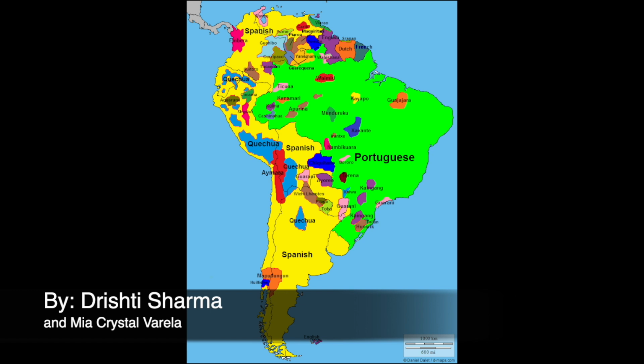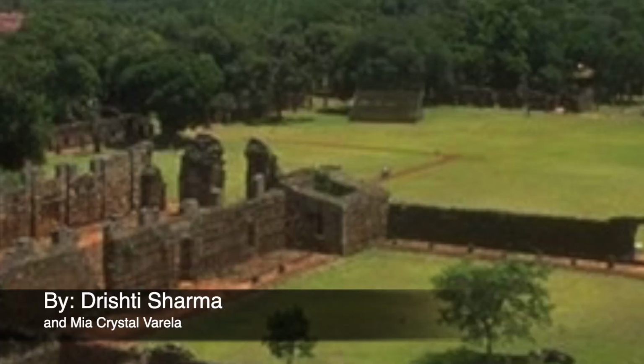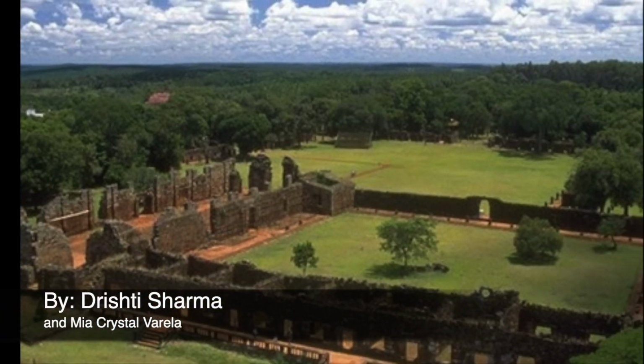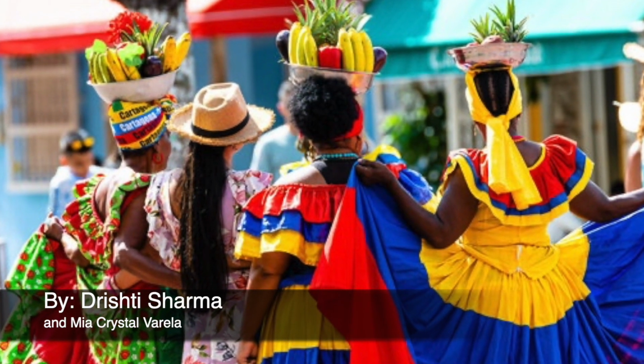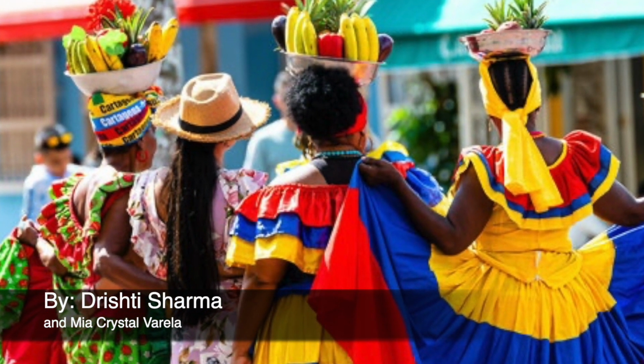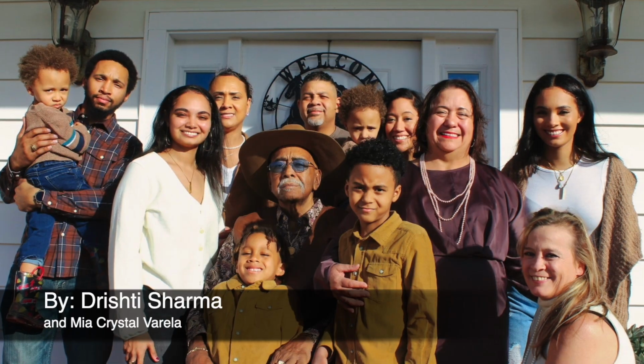Now we're going to look at the key aspects of South America, focusing on its population size, major urban centers, historical civilizations, and cultural identities. These dimensions highlight the human aspects of South America while reflecting on its significance as a region of historical and contemporary importance.